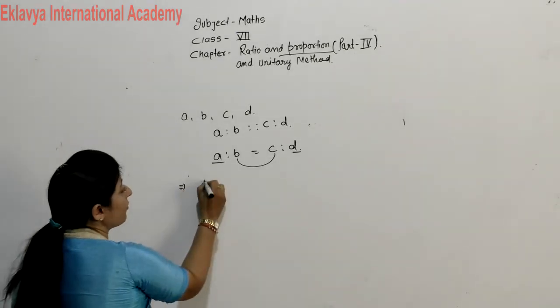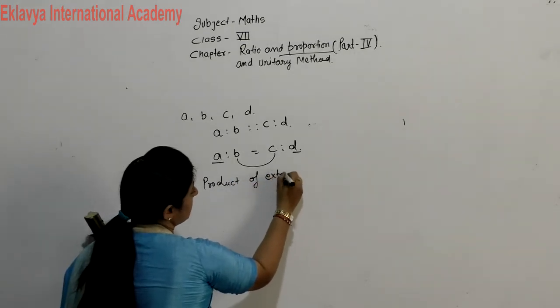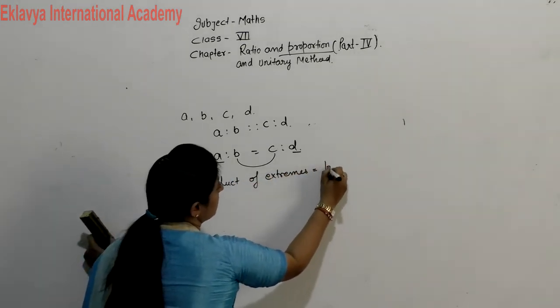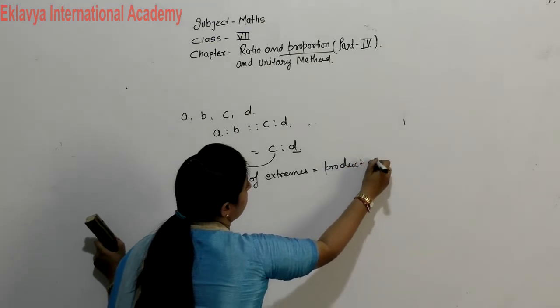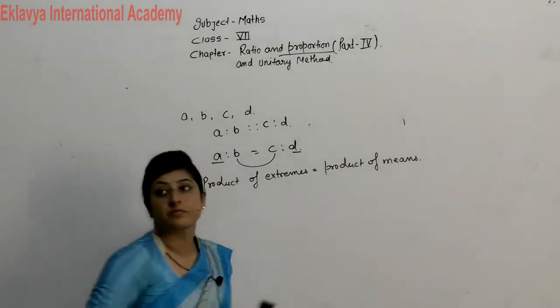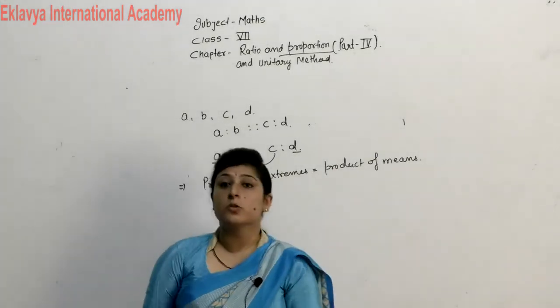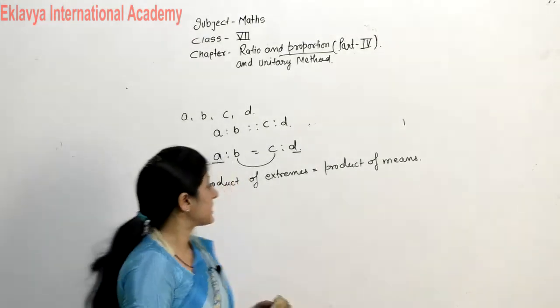So there is a formula that the product of extremes is equal to the product of means.